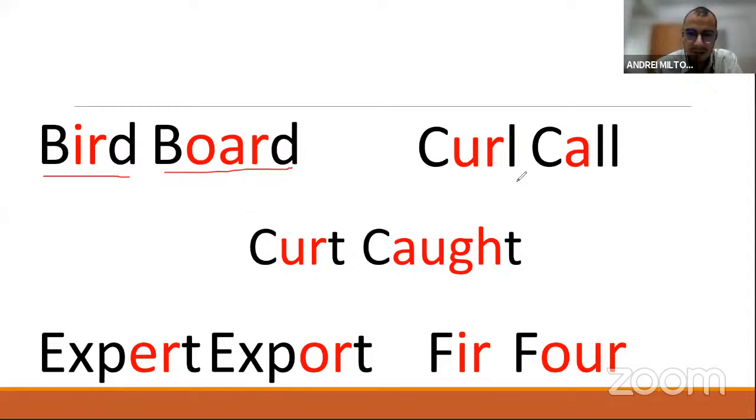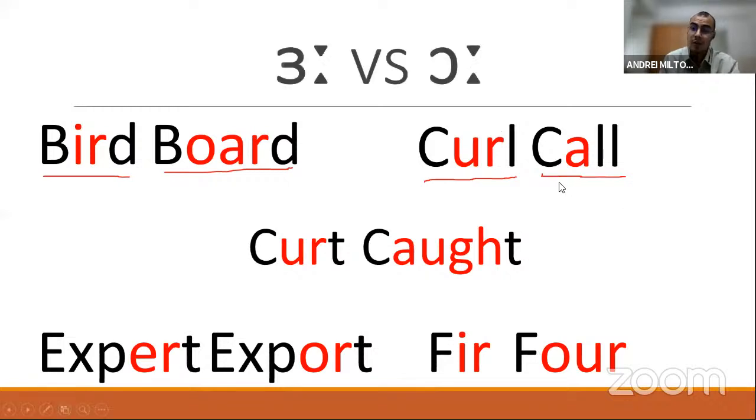And here, same. How do you pronounce the second one? Same sound, right? Same like bird. Bird, cur, and call. Very good. So that's the difference. You should distinguish between the two sounds, like curd, caught, expert or export, fur, fall.